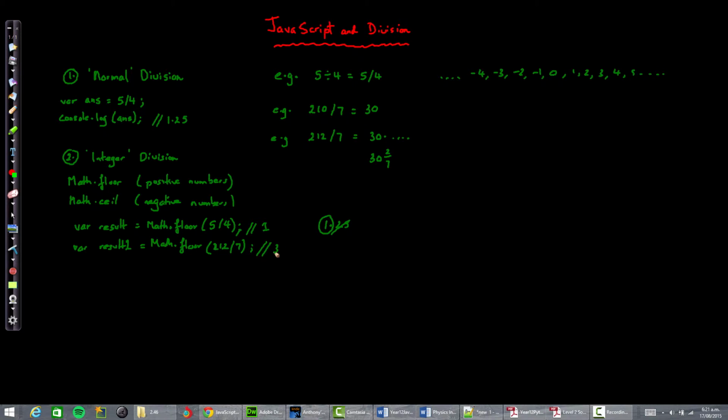This will give the 30. So it was 30 and 2/7 as some sort of decimal, which I can't exactly recall at the moment what 2/7 is as a decimal, but that doesn't matter. Let's cut that off, leaving only the 30. So that's what that Math.floor is doing.